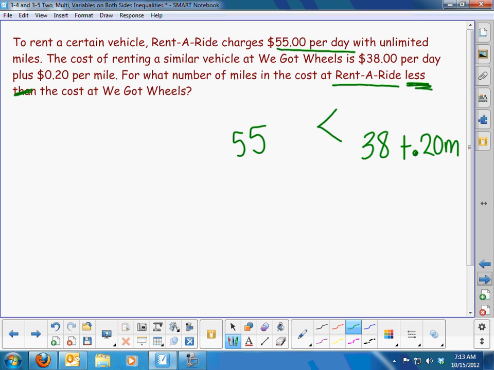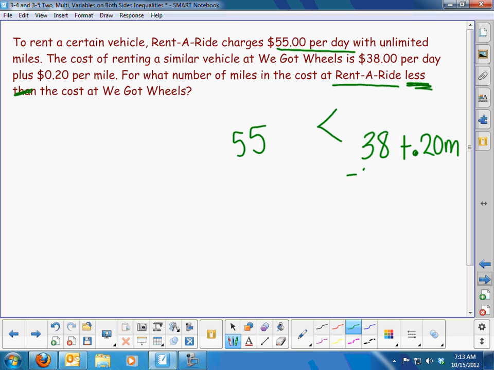So Rent a Ride is just $55. That's all there is to it, 55. The other company is 38 plus 20 cents every mile. So I want to see when is Rent a Ride going to be less than, because right now it seems like it's more since their fee per day is so much higher. But let's see how many miles you need to ride in order to make Rent a Ride cheaper.